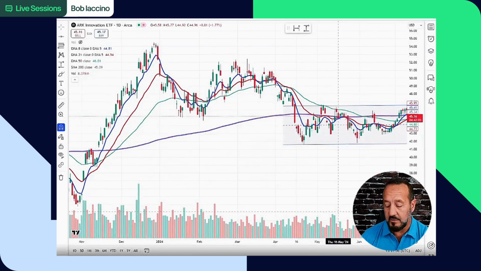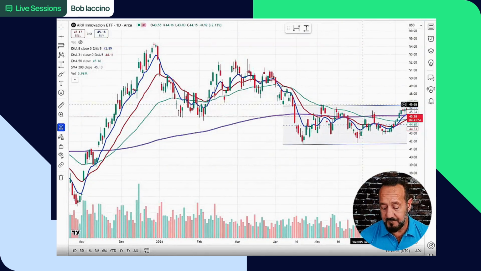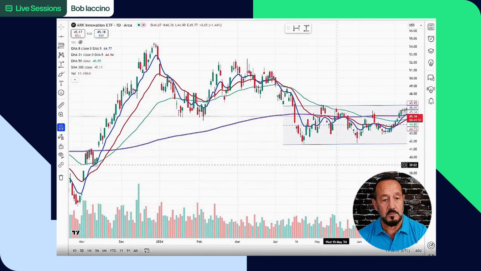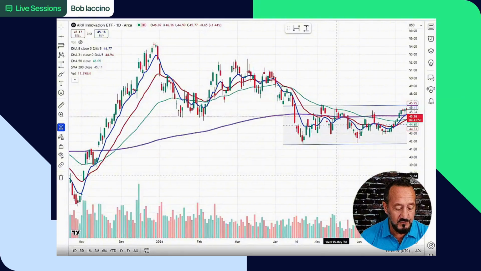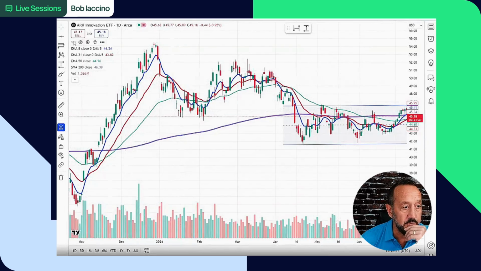So to get the width, you subtract 41.58 from 46.50, you get 4.92. Half of that is 2.46, and you add it to 46.50. 2.46 plus 46.50 is 48.96. So that's your measured move target.